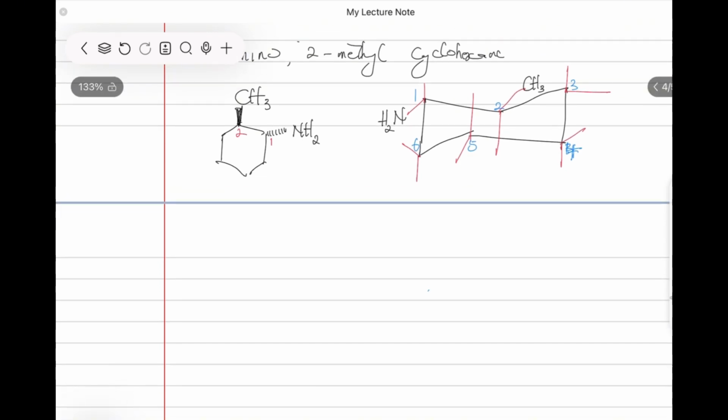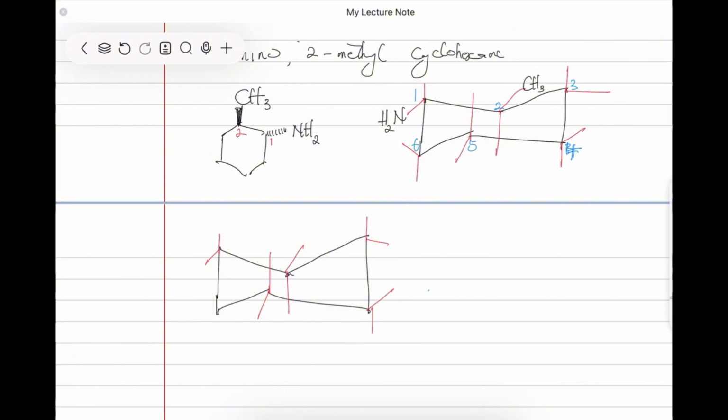Another way you can draw this diagram is to redraw my chair diagram. This is down, this is up, this is down, this is up, this is up, this is down, this is up, this is down, this is up, this is down, this is up, and this is down.